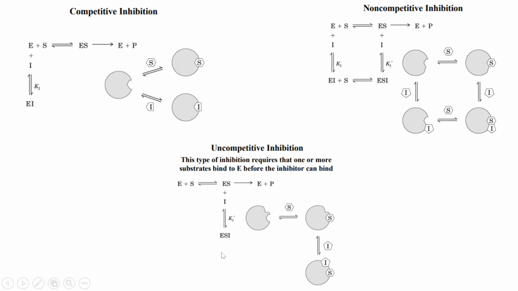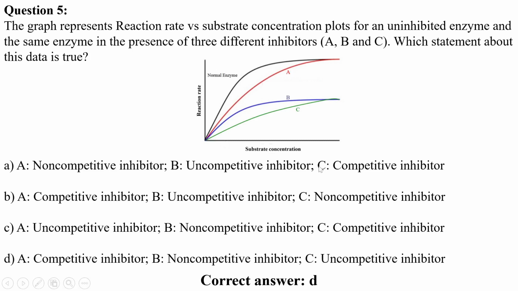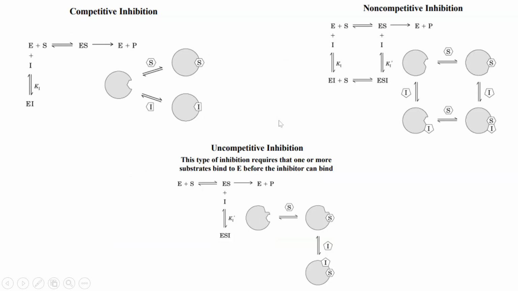Okay, so this is clear, what competitive, non-competitive and uncompetitive inhibition are. Now I'll explain why this graph is representing competitive inhibition, this graph is representing non-competitive, and this is uncompetitive. If you see here in competitive inhibition, the total enzyme concentration remains the same.